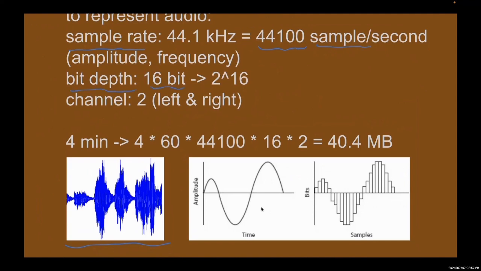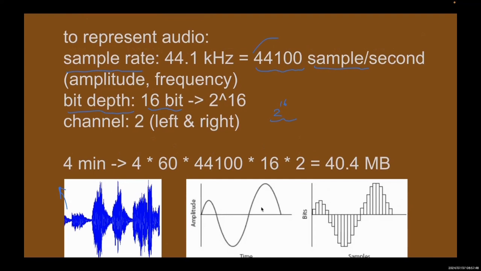And what is 16 bits? 16 bits can represent 2 to the 16 values, right? So every second we have 44,000 samples, and every sample is represented by 16 bits.